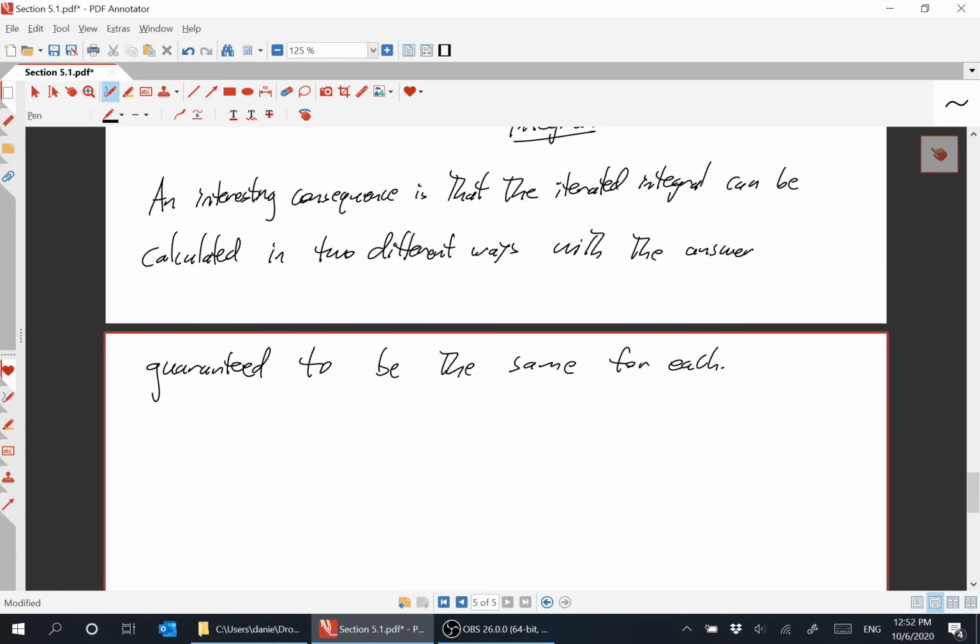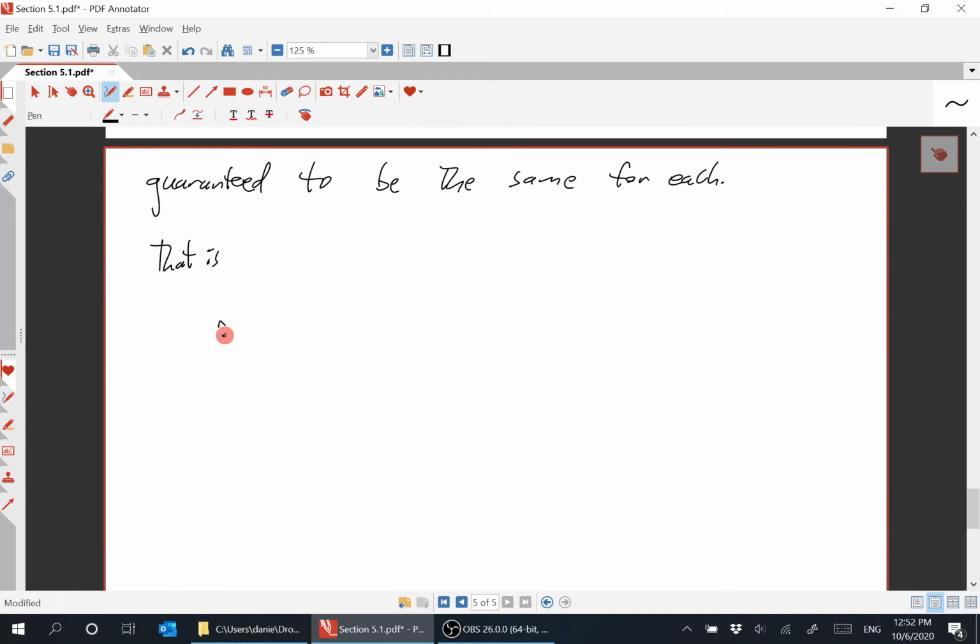Right? That is the double integral over the rectangle R of f(x, y) dA. So that's the abstract notion of the double integral, is equal to this iterated integral that we just talked about, from c to d and then a to b of f(x, y) dy dx.